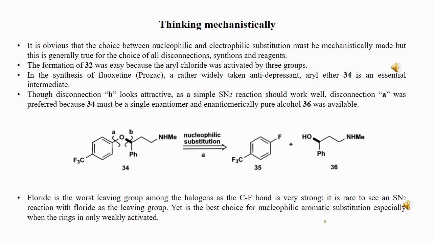In the previous example, when we did nucleophilic substitution, the reaction was very easy because 2 nitro groups and 1 CF3 were there, increasing its reactivity towards nucleophilic aromatic substitution. But here only 1 CF3 is present, so the fluoro will be a very good leaving group in that case. Now we see mechanistically how fluoro is a good leaving group in the next slide.